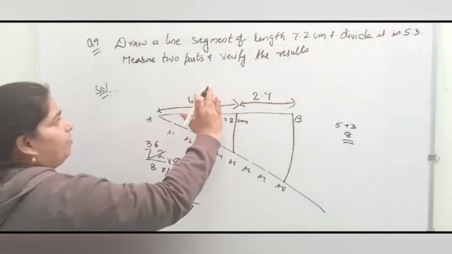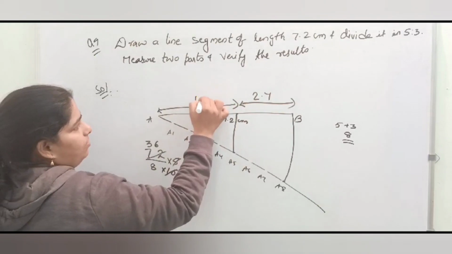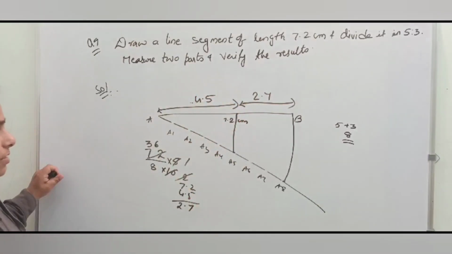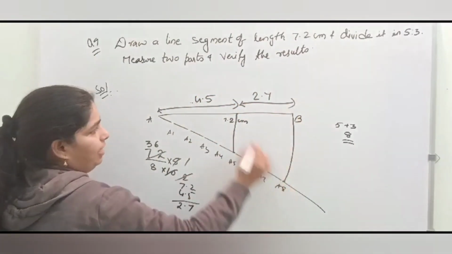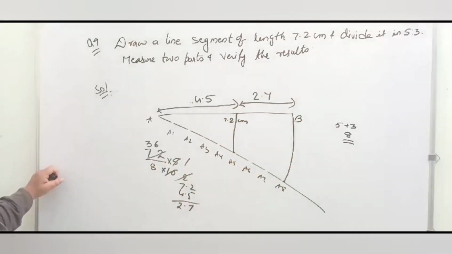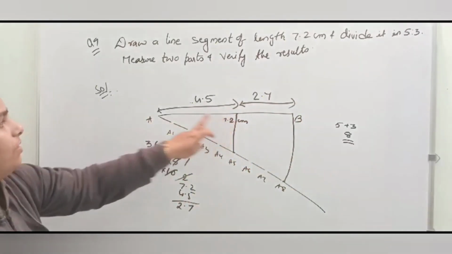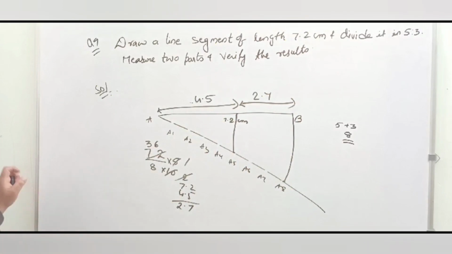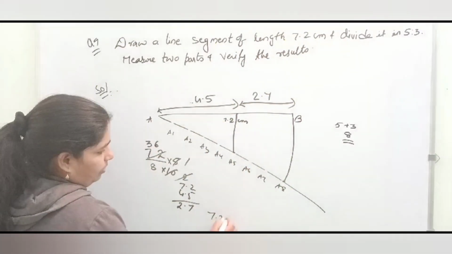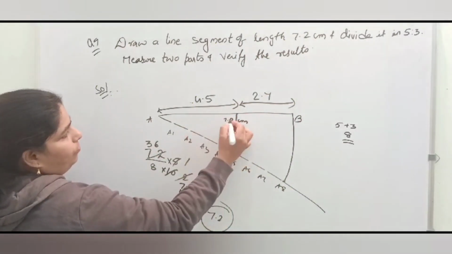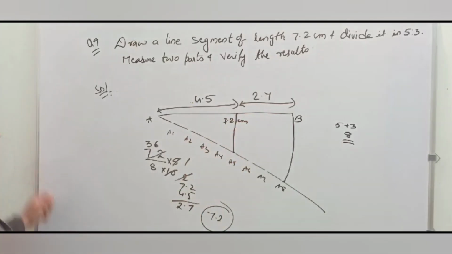So the values will be 4.5 and 2.7. You have to draw this line parallel to this. Similarly, you have to construct, and when you measure, the values will be 4.5 and 2.7, which gives us 7.2. Therefore, both values are verified. Okay, thank you.